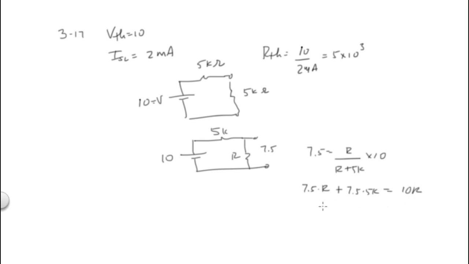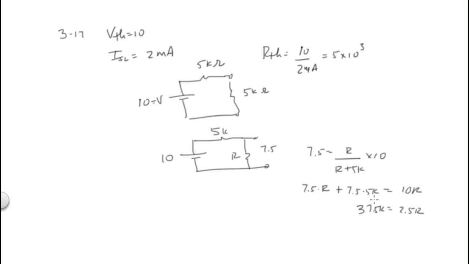So with 5R, now we've got 2.5R is equal to 7.5 times 5, 37.5. So 37.5k is equal to 2.5R.